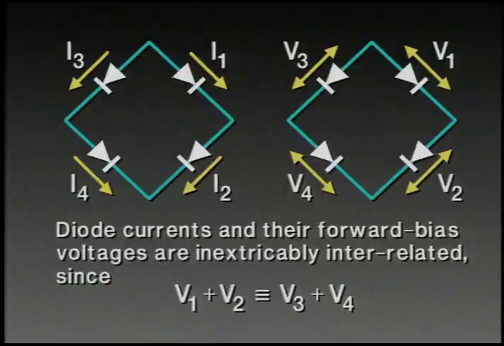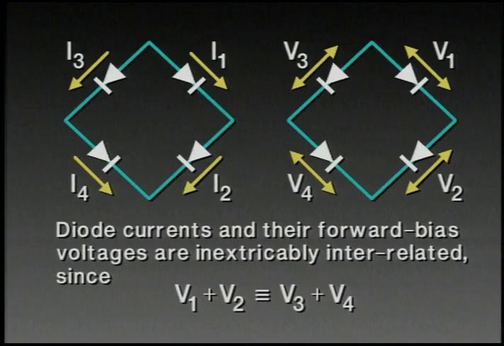However, we might be interested in knowing, let's say, the dynamic resistance from the input point to the output. This might be the case, for example, in the use of this diode bridge in a high-frequency sampling gate, where the dynamic resistance would affect the speed of the gate. Now, to analyze the behavior of this bridge, we must consider, for the time being, both the voltages and the currents.